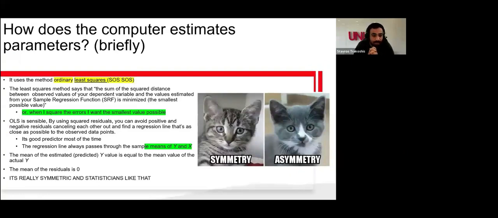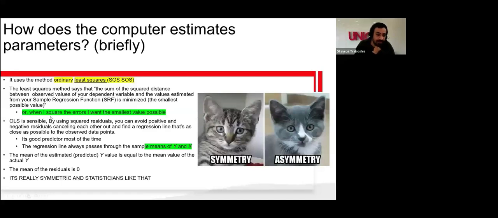And the way it does this is by some computational method that draws many lines and calculates a sort of error that is the sum of all residuals. And the line that has the lowest amount of residual error is the one that is finally presented as the model.